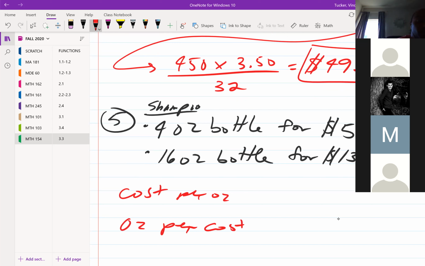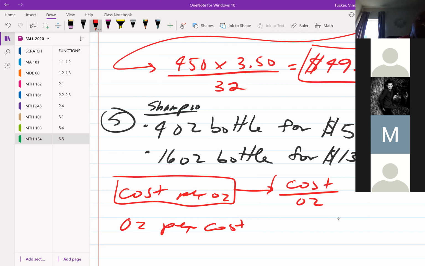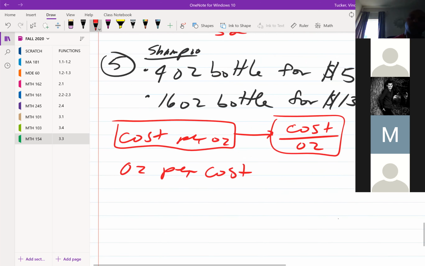Most of the time when you think about comparing, you think about cost per ounce. So that would make more sense to choose as far as your setup is concerned, putting the dollars over the ounce versus the ounce over the dollars, because you want to know how much you are paying per ounce.